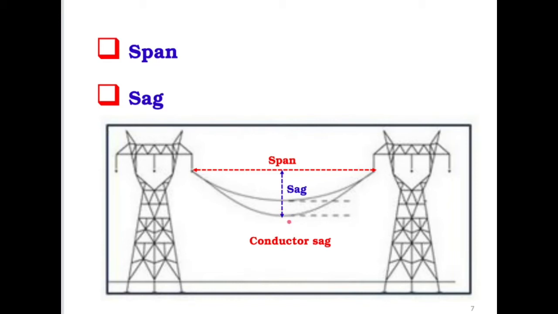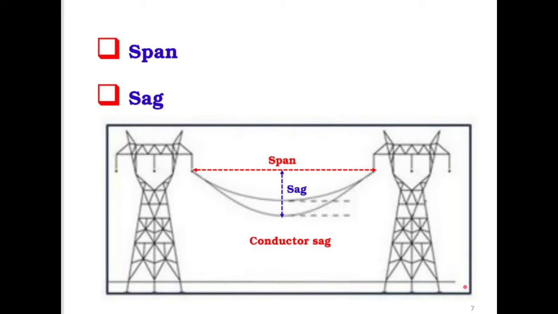This lowest point is going to be the middle point of the span if the towers are of the same height and on the same plane.